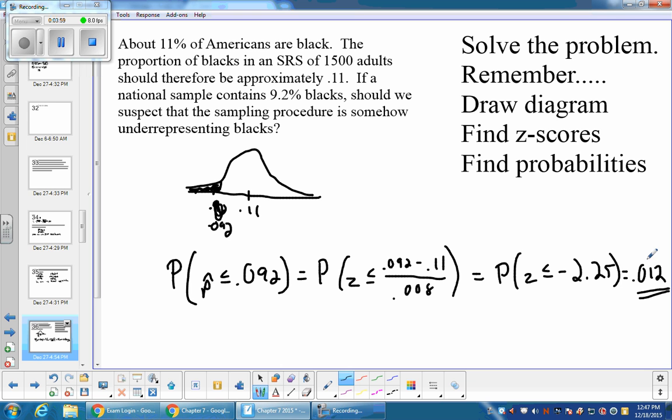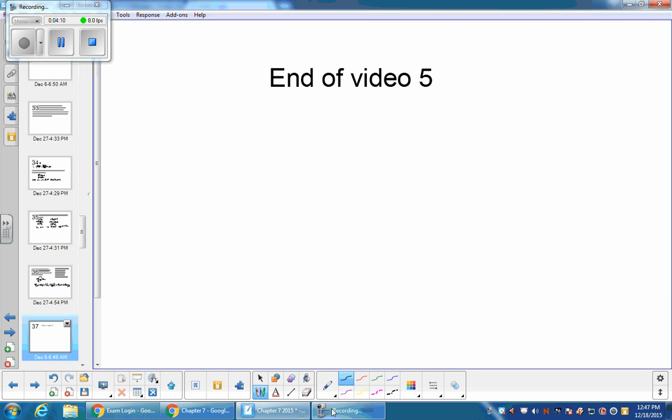So about 1% of the time we'll get a value that low. So it's going to be pretty rare to actually get a value that low when the mean is really 0.11. All right, hopefully that'll help you do it on your own.